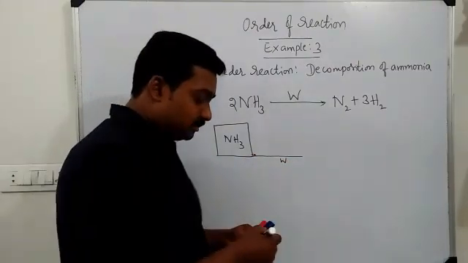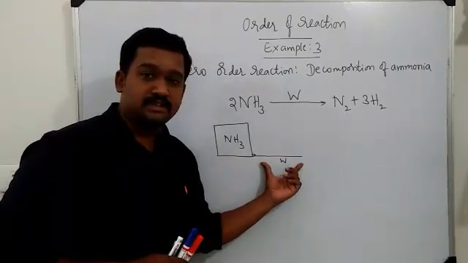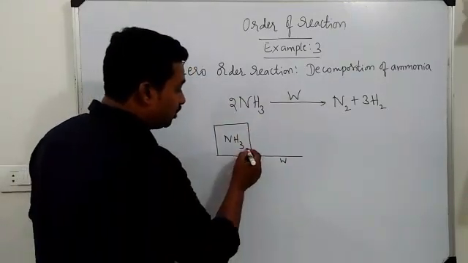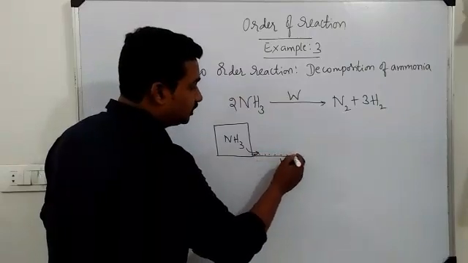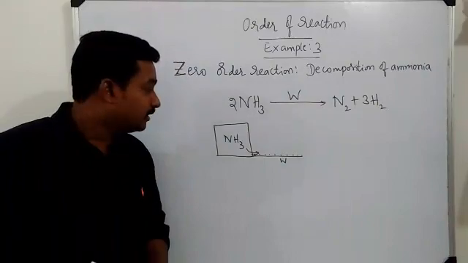Now let's imagine there are 1000 positions on the surface of tungsten for ammonia molecules. Now what happens when you allow ammonia molecules to the surface of tungsten? They get adsorbed on the surface. They get deposited on the surface of tungsten.